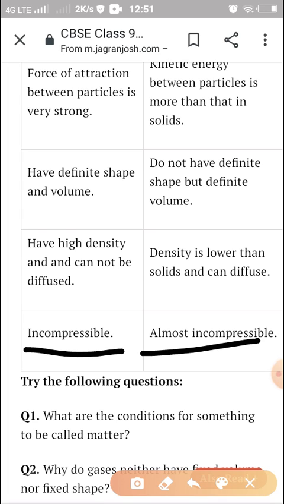When we put a solid box in a beaker of its size and press it, it would not compress, it would break. And if you take a liquid, maybe it would flow out, it would not be compressible.